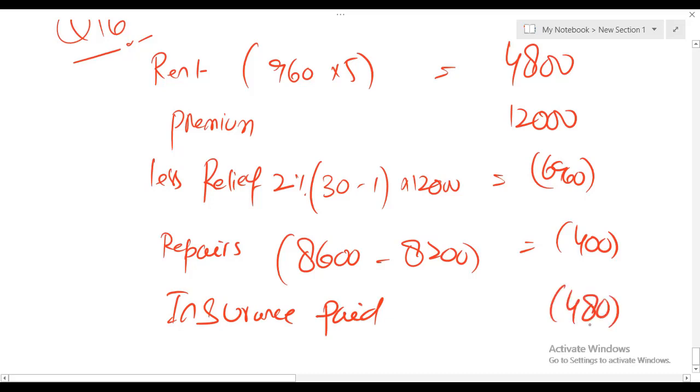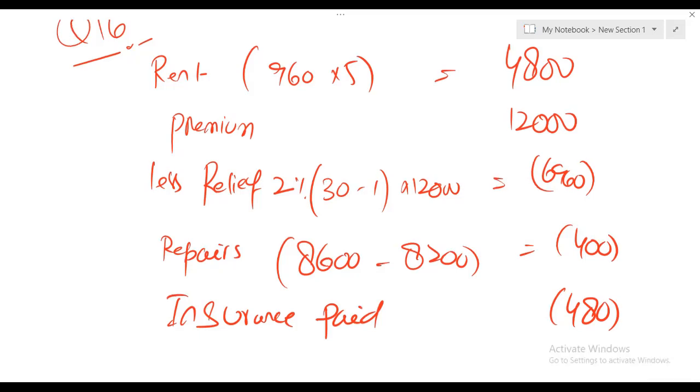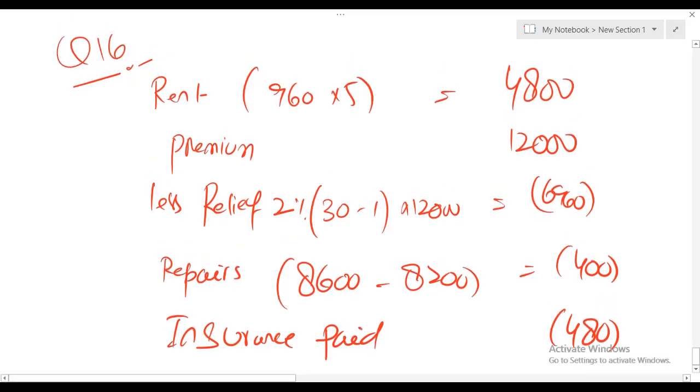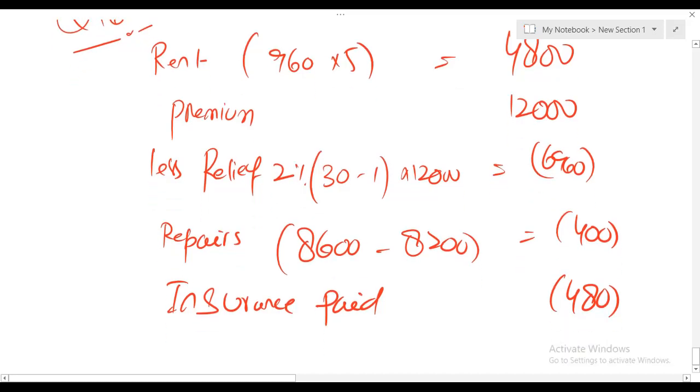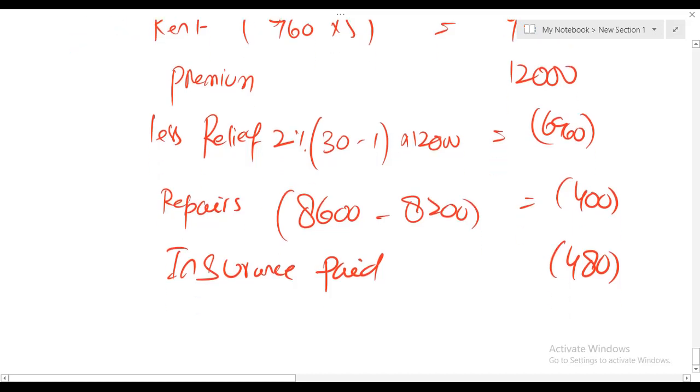So I have taken the rent for 5 months. The question says he has received 5 rental payments. Premium is 12,000 for 30 years, so I've deducted the relief as well. The relief is 2% and minus 1 into the amount of the premium. The answer is 6,960. Repairs 400. Why? He has spent 8,600, but 8,200 he has received from the insurance company. Insurance paid within the relevant tax year is 480.